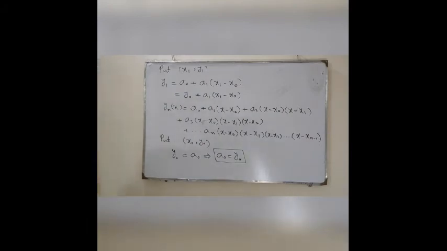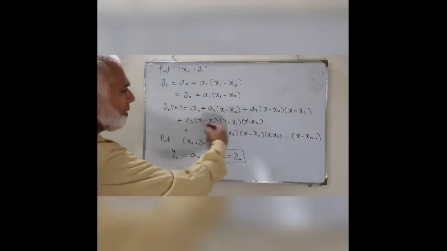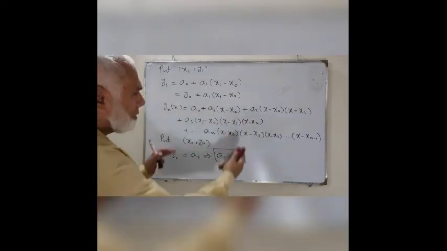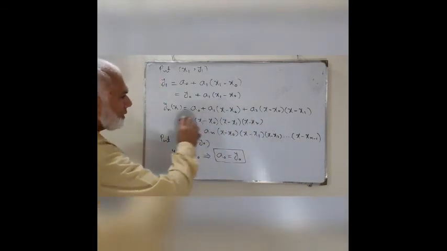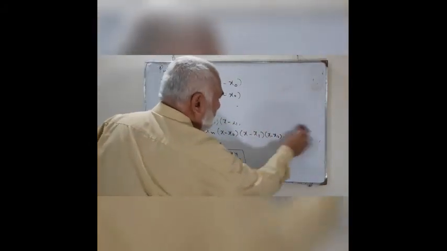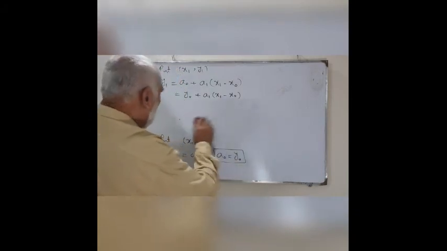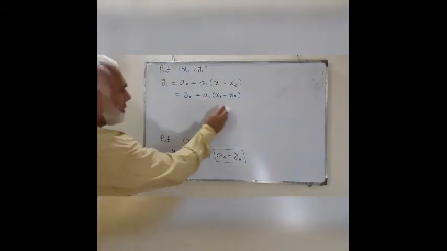I request you all to keep this polynomial in your mind, because I have to put one more point and there is a bit less space. So in order to create more space, I'm going to erase all this. After doing this, we simplify it to separate a1 from these terms.